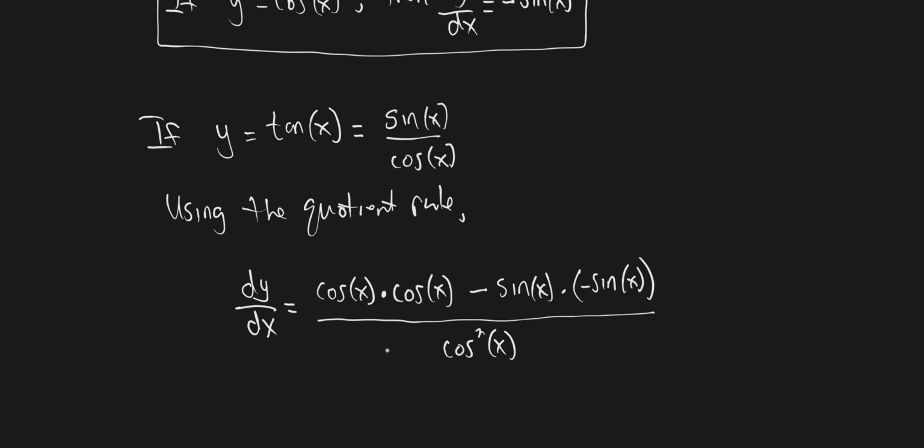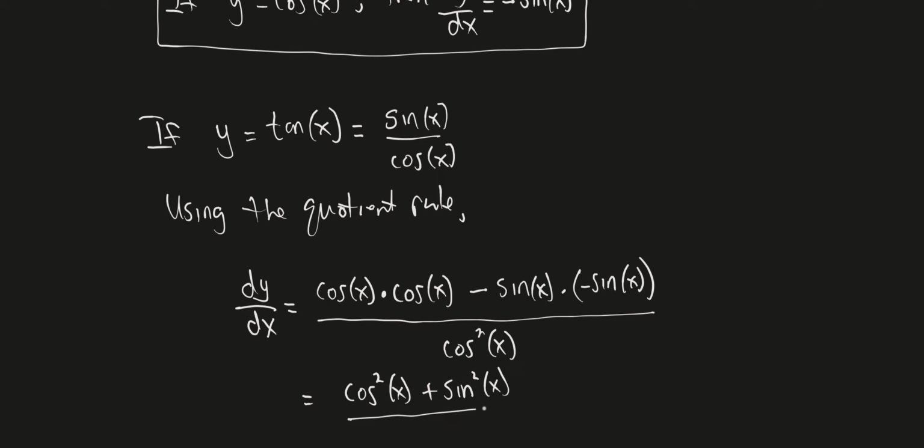All right. Well, let's see. Multiplying these two gives me cosine squared x. Multiplying these two, now both of these factors have a negative sign in front of them, so multiplying gives me a positive sine squared.